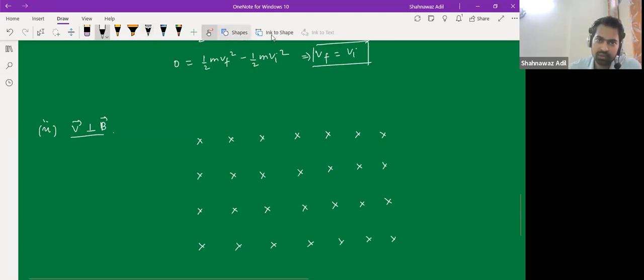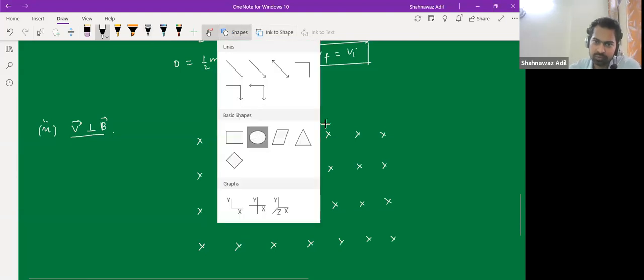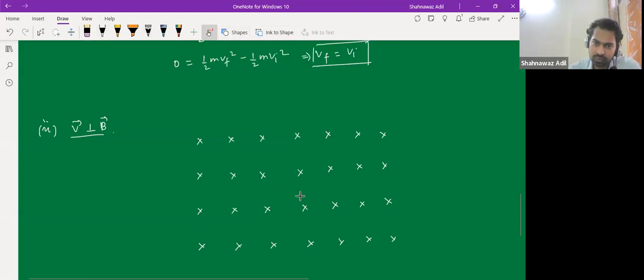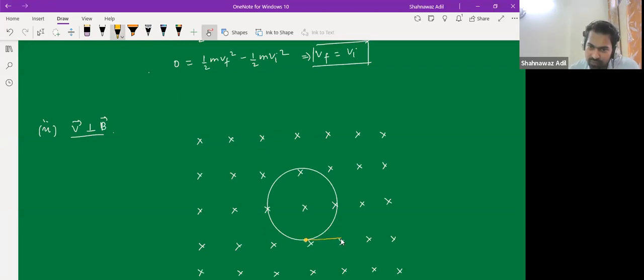This is the charge, and the velocity would be in this direction, and the magnetic field is inwards.